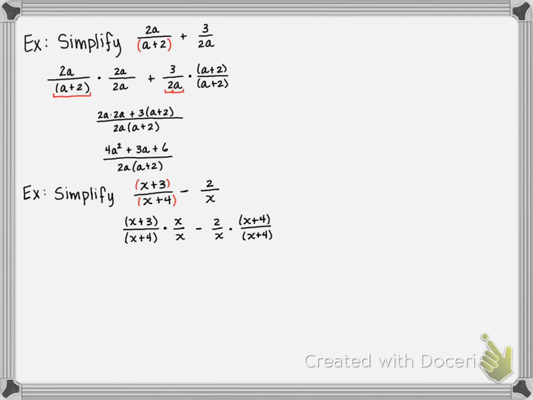Everybody get to that point? We figured out what we need to multiply by. And then we have x plus 3 times x minus 2 times x plus 4 over x times x plus 4.